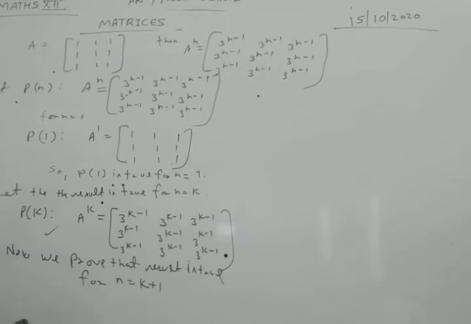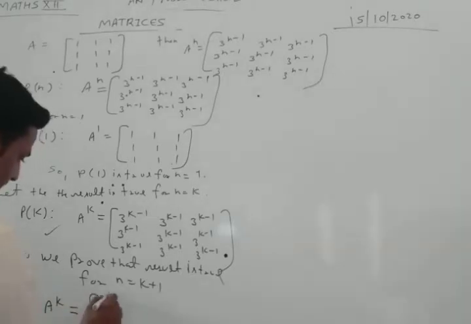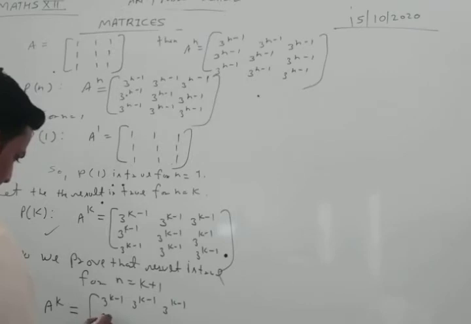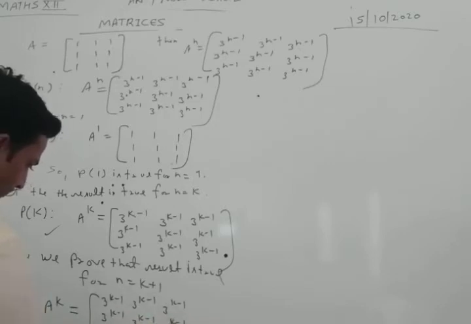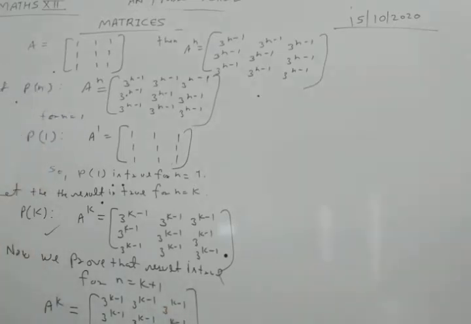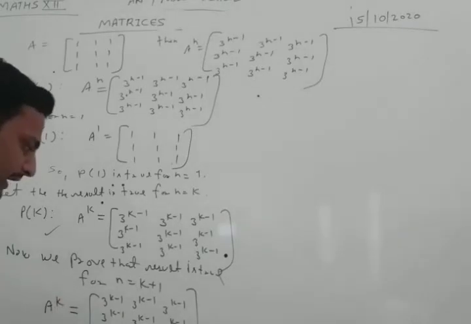So A to the power k is equal to the matrix with every entry 3 to the power k minus 1. Now what we will do? We will multiply both sides by matrix A.